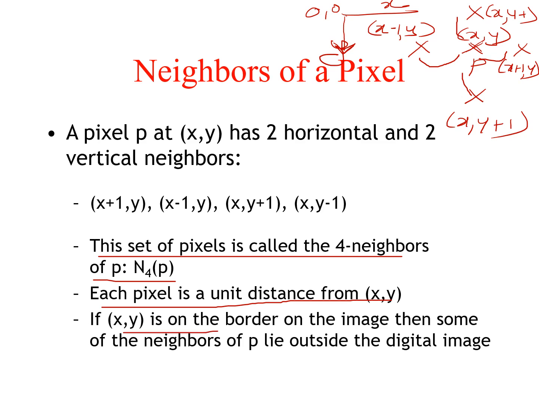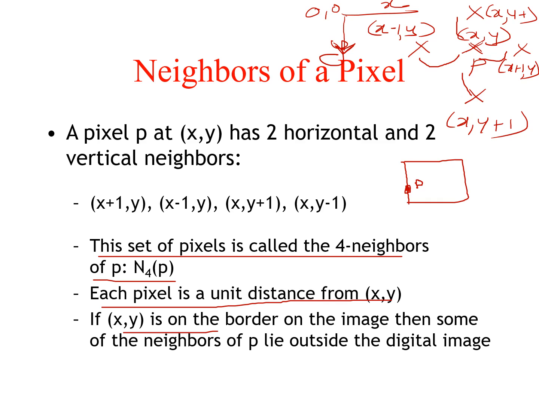If x and y is on the border, suppose this is the image and the pixel is on the border, so what will happen? For a pixel on the border, minimum one neighbor of pixel P will be outside the image. So whenever you want to define a border, you have to take care of this.